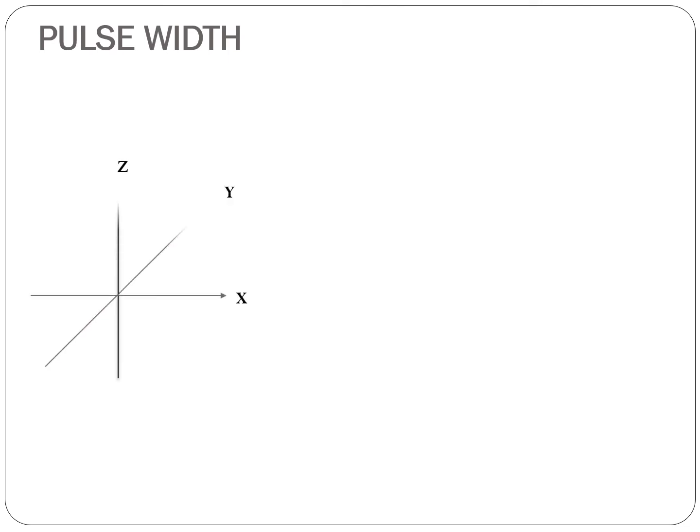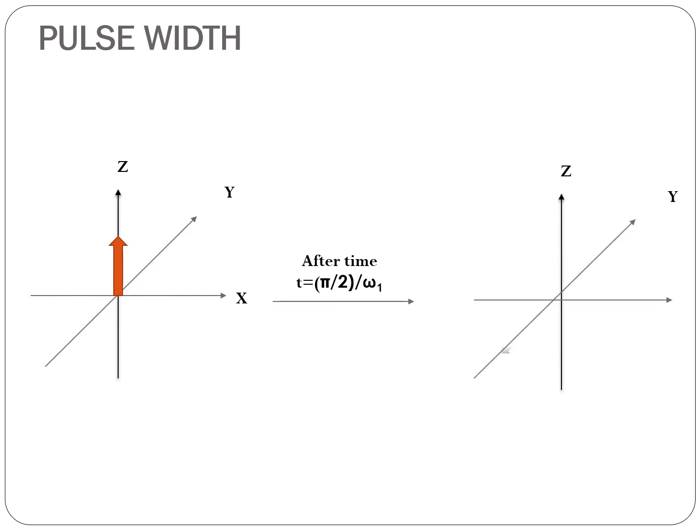For example, if we give the RF radiation to the bulk magnetization for a time period of pi by 2 omega 1, that brings the bulk magnetization to the x-axis. So it goes from the z-axis to the x-axis. The angle of this deviation is called a 90-degree pulse.